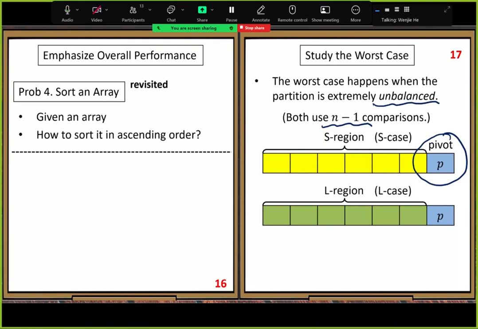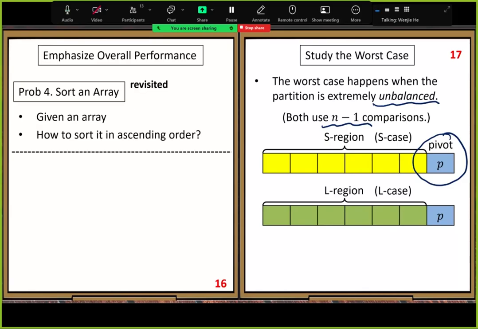You need to work on the remaining elements, but the size reduction is the minimum, only one smaller. That reduction is too slow.